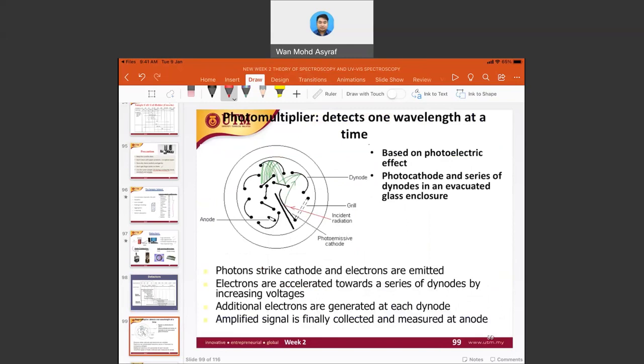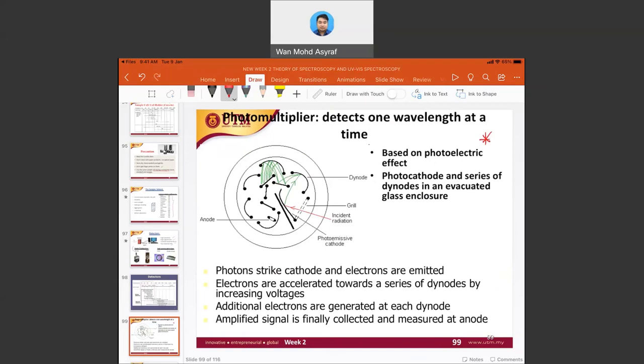You need to know how a photomultiplier tube works, so I'm going to explain it.